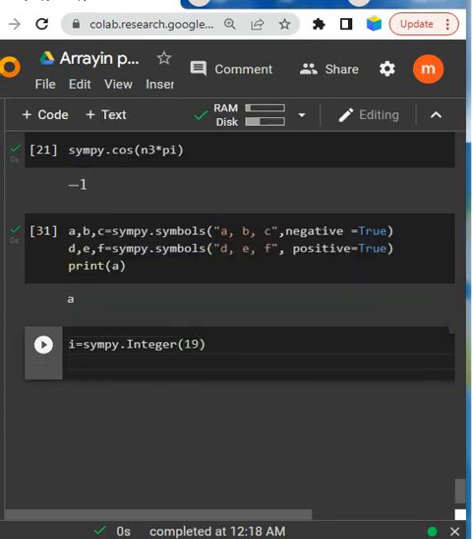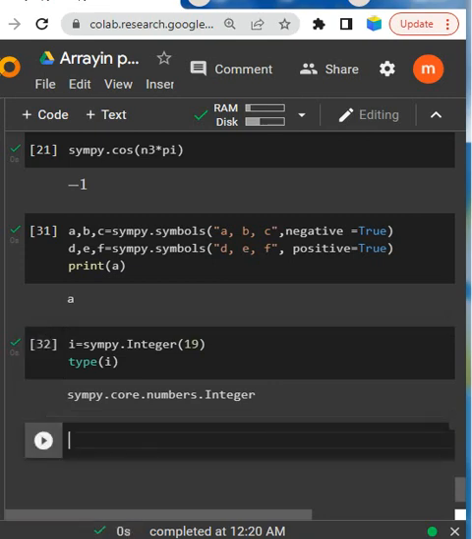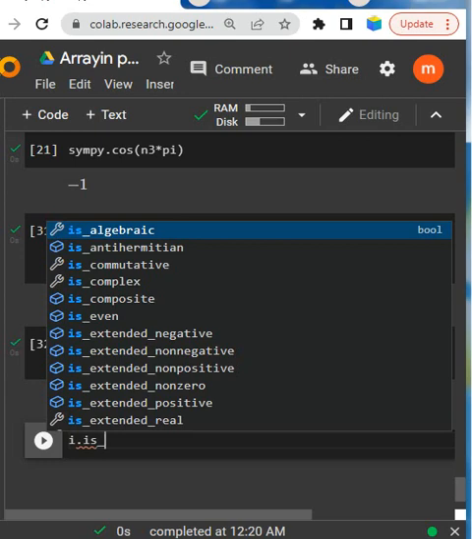What type of integer, you need to understand type. Type of I means sympy.core.numbers.Integer. So I is integer, I is real, I is odd. So you can ask I.is_integer.